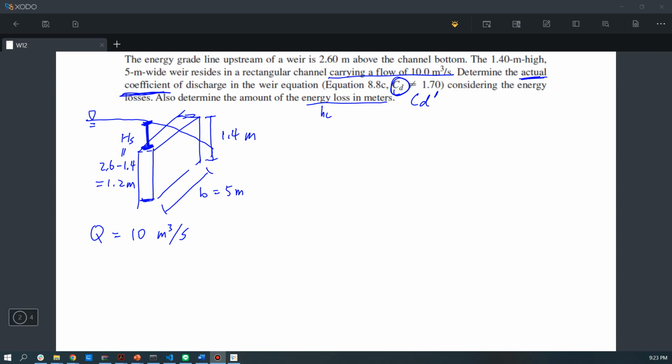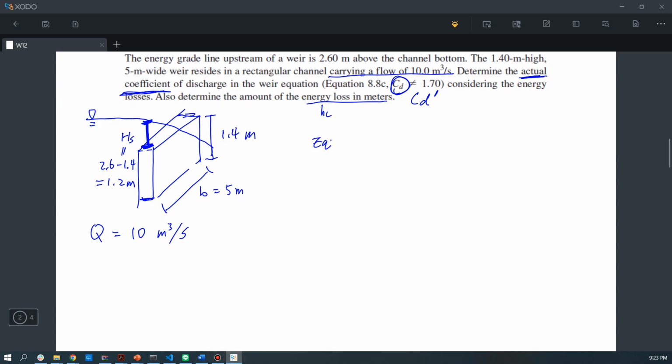First, for frictionless weir, we can use equation 8.8c in the textbook, which is written as q equal to capital Q divided by B equal to 1.7 H to the power of 3/2.